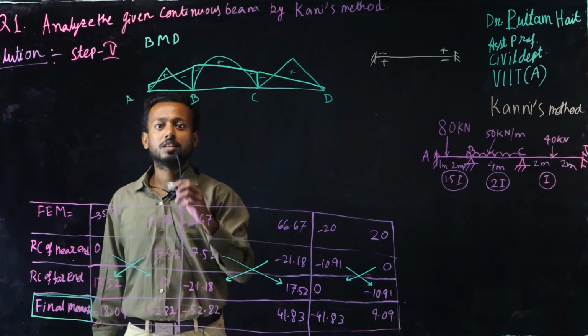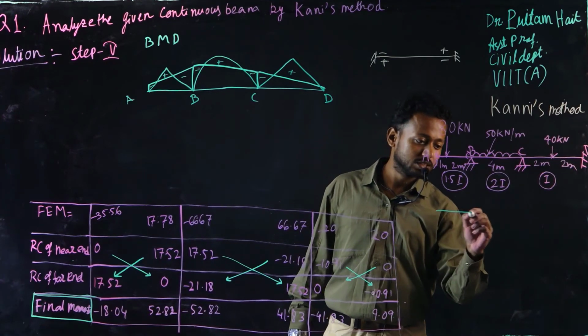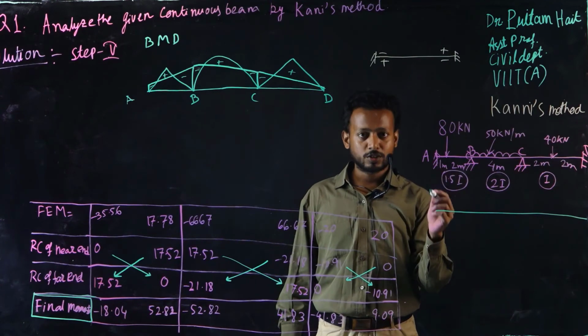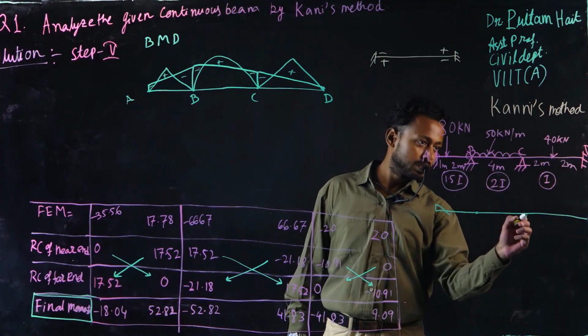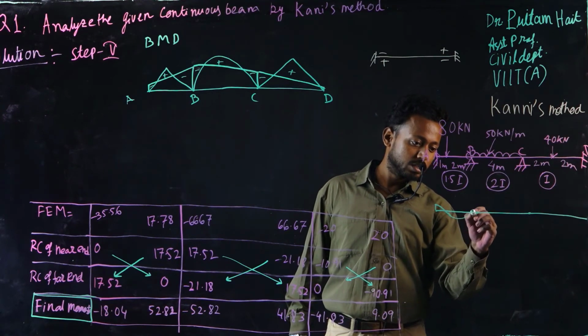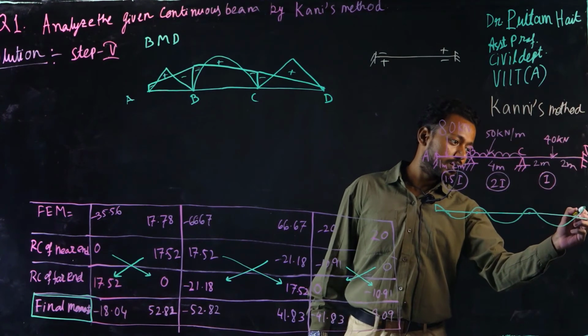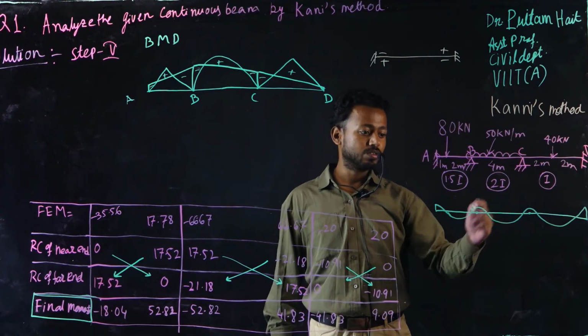Now, the deflected pattern will be how? The deflected pattern will be like this. At support, hogging moment, at span it will be sagging moment, so the deflected pattern will be like this. After deflection, this is the shape the beam will take.